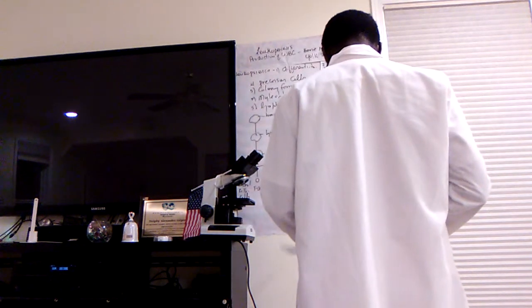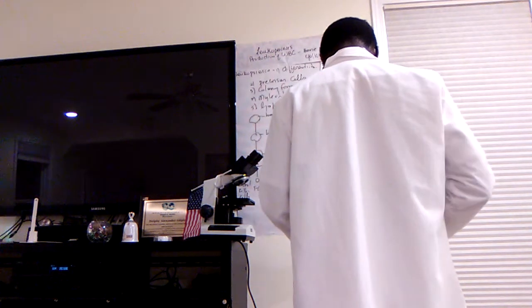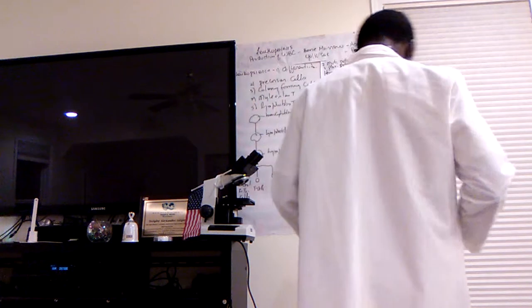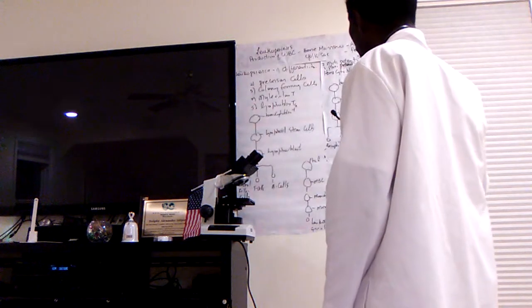So that's the case for leukopoiesis, and let's briefly review it. We say leukopoiesis is the production of white blood cells in the bone marrow for adults and in the yolk sac for fetuses.